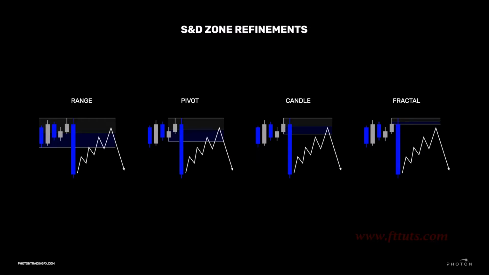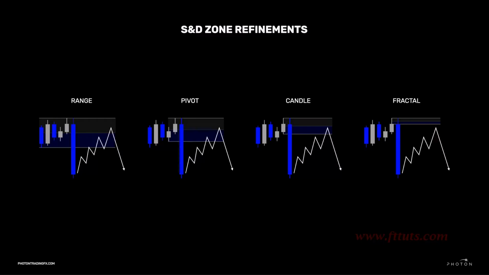But then you could refine that exact same range to just the pivot point of that range before price broke out, where you can see that supply stepped into the market in the second example. So essentially you refine that whole range to just those last two bullish candles where you get that buy to sell that broke out of the range. You can then refine this even further to just the last single candle of that pivot point within the range.